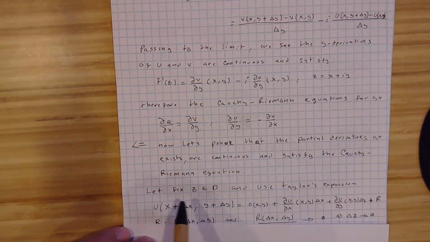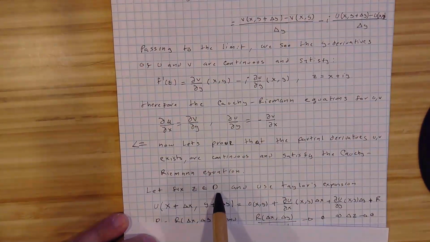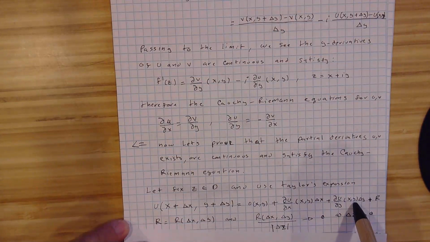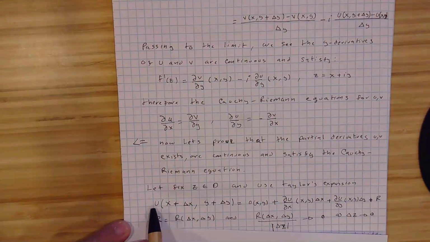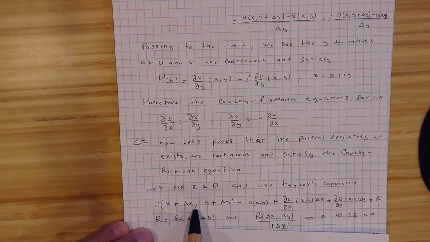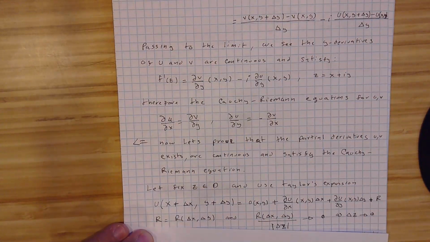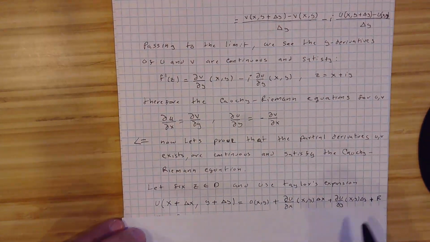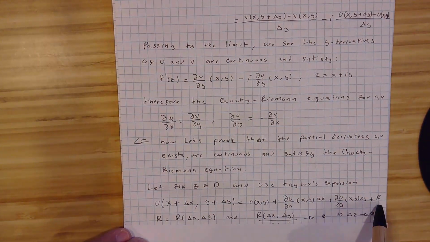Let's fix C in some part of the domain D, and then let's use the Taylor expansion. If we use the Taylor expansion for u, where u is evaluated at x with the addition of delta x and y with the addition of delta y, we will have basically this part.